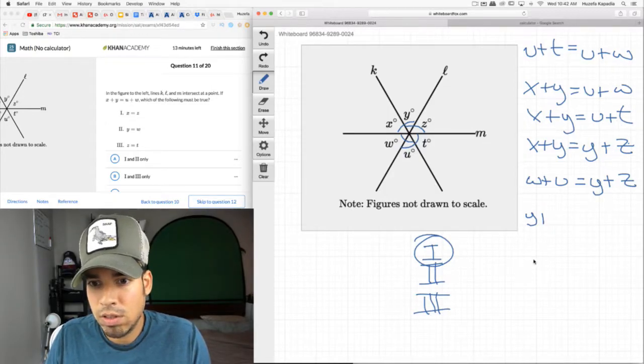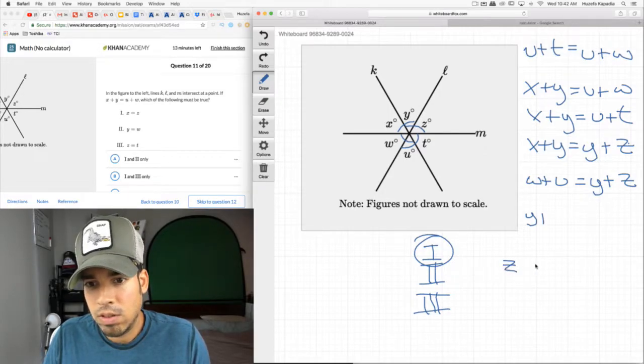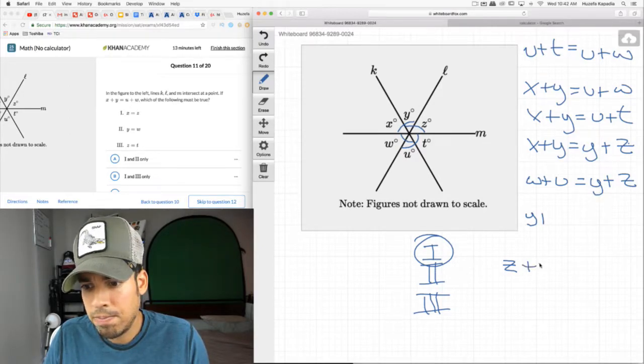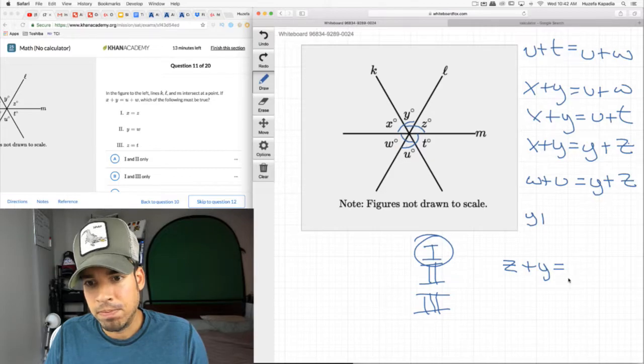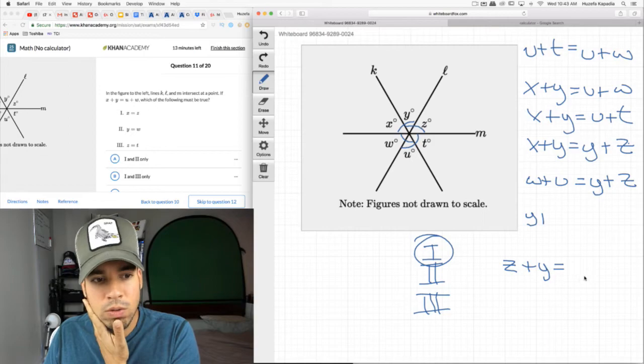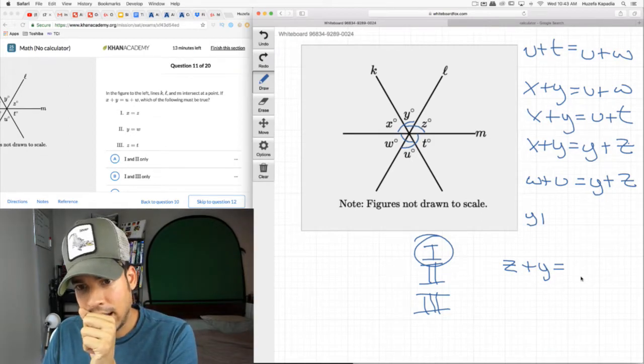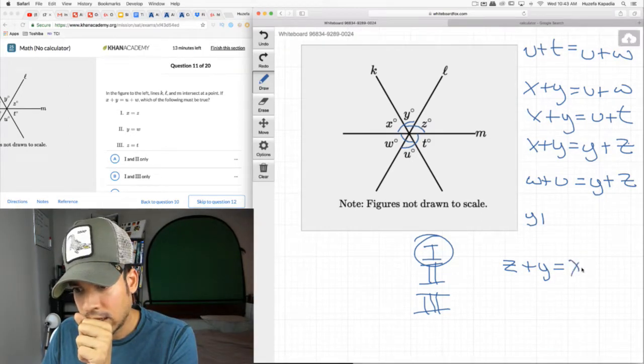So z plus y equals w plus u. Or we can plug in an x here, equals x plus y. But we already know x and z equal each other. That doesn't help.